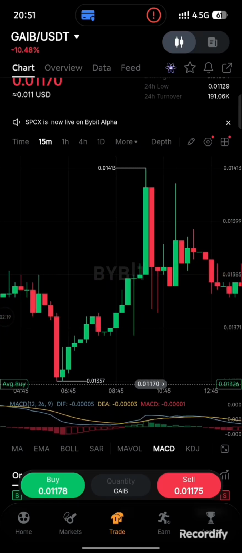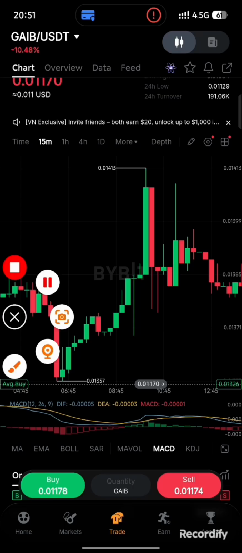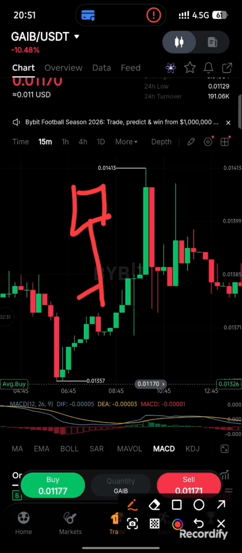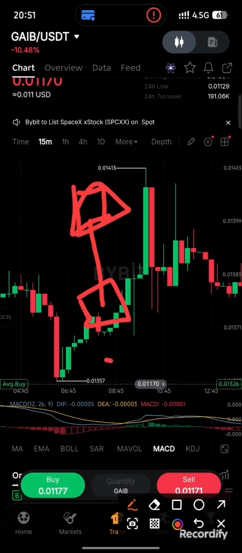But the first thing you must always look at as a beginner is when you see a candlestick with the sign of a hammer, meaning the hammer is down or up, like here. You can see something of this very nature.